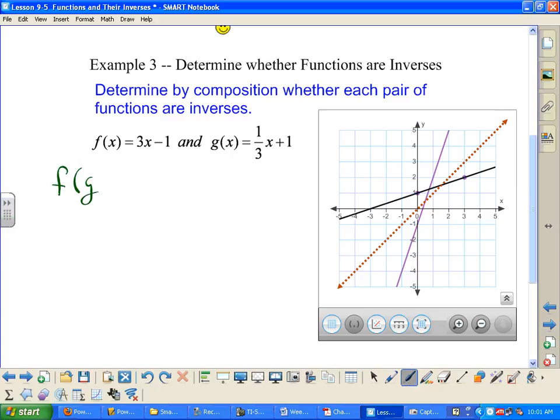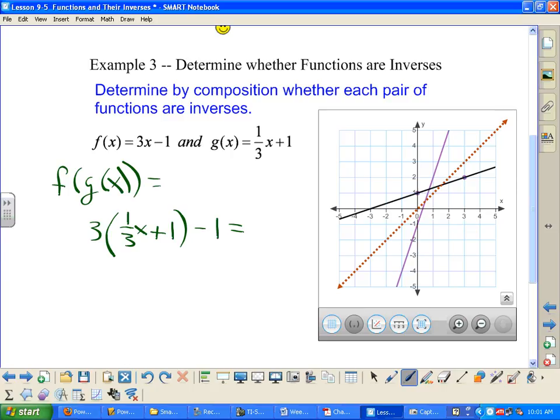So we'll do f of g of x first, just like we did yesterday. We're going to take 1/3 x plus 1 and put it in for x in f of x. So we'll have 3 times (1/3 x plus 1) minus 1. If they are inverses, then this will equal x when I'm done.